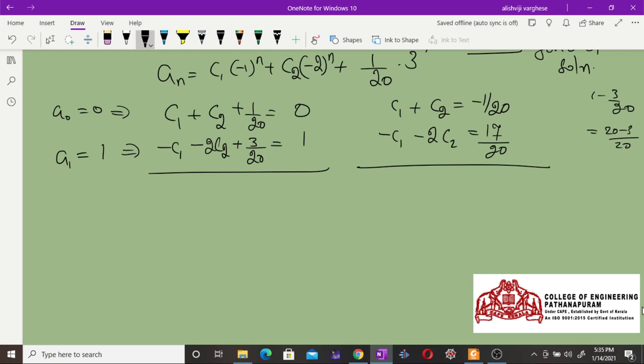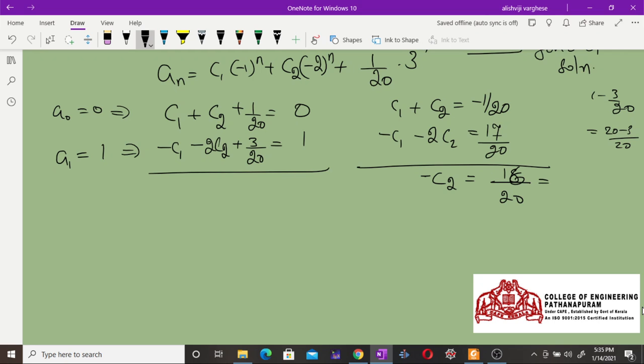Then adding these two equations, c1 and c1 get cancelled. Here it is minus c2, and the difference is minus, so 16 by 20.